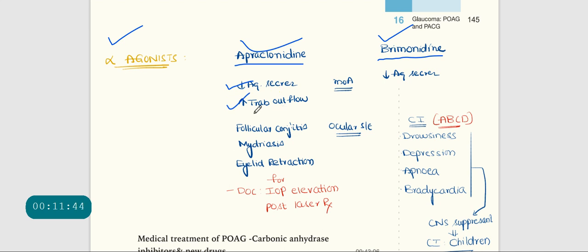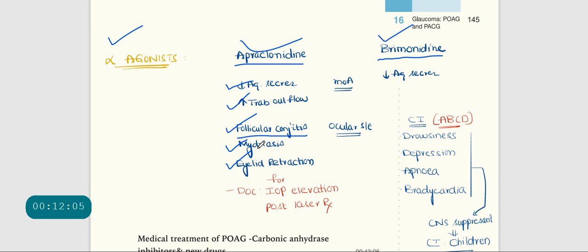What are the side effects associated with apraclonidine? These are follicular conjunctivitis and mydriasis. There could be eyelid retraction also. So these are the ocular side effects associated with apraclonidine.